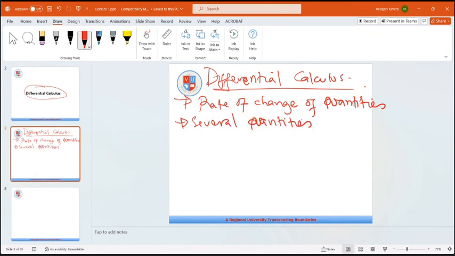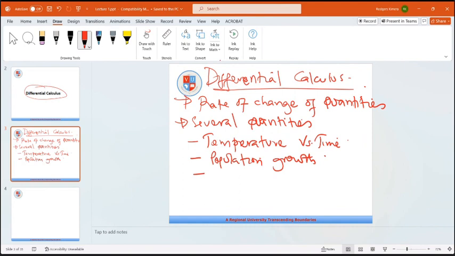Depending on what we are looking at, we might want to study how temperature is changing over time, how the population grows, or look at business profits and loss. These are quantities that can change over time.